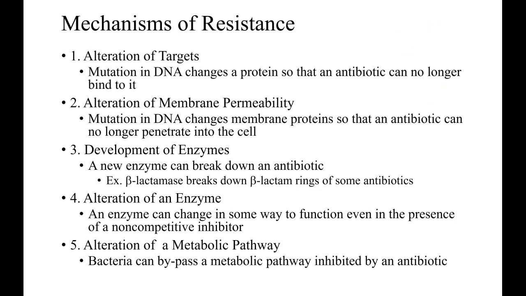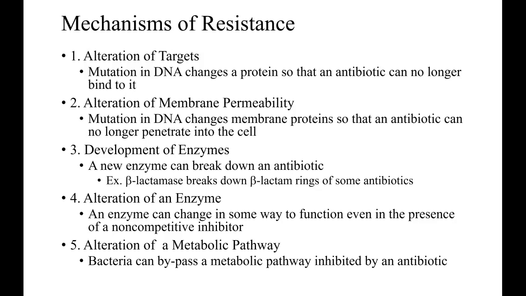If we look at some other mechanisms of resistance, one of the ways that bacteria can develop resistance is through alteration of targets. So, let's say that we design an antibiotic to target a certain protein on that bacteria, if a mutation in the DNA happens to change that protein, now that antibiotic is no longer going to affect that protein.